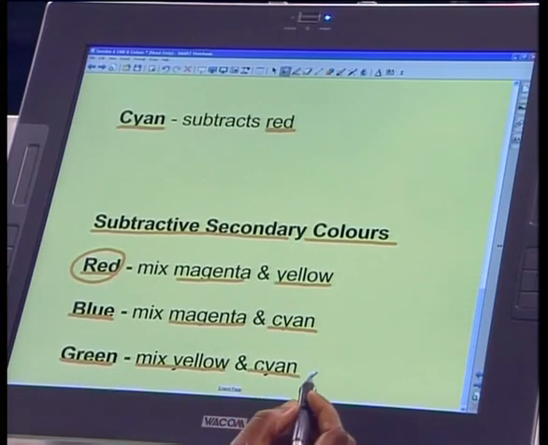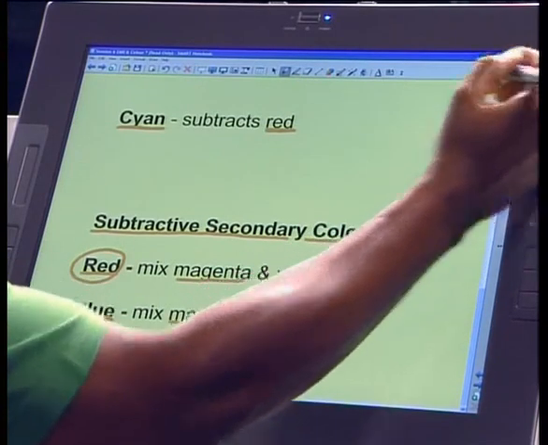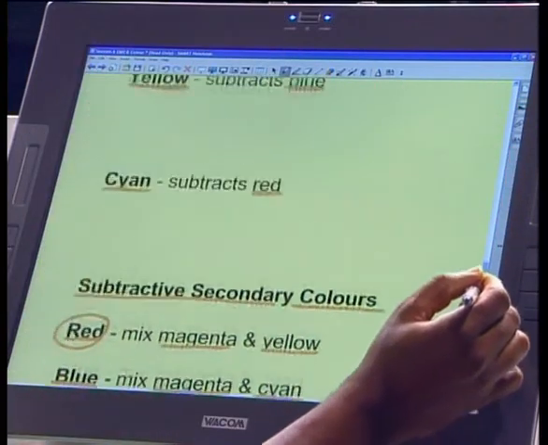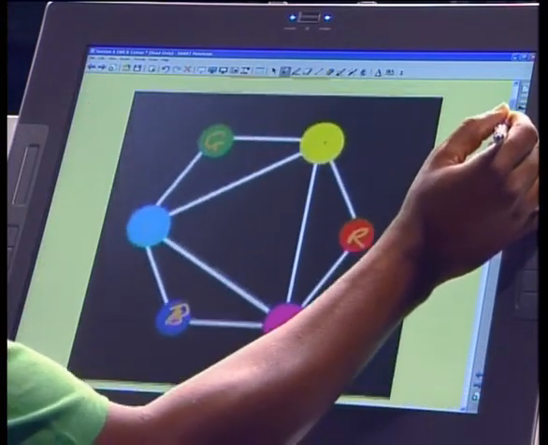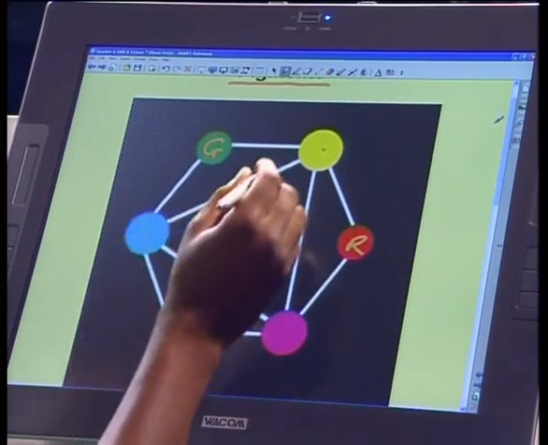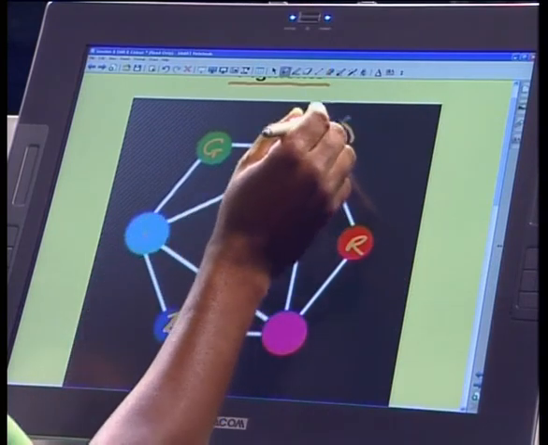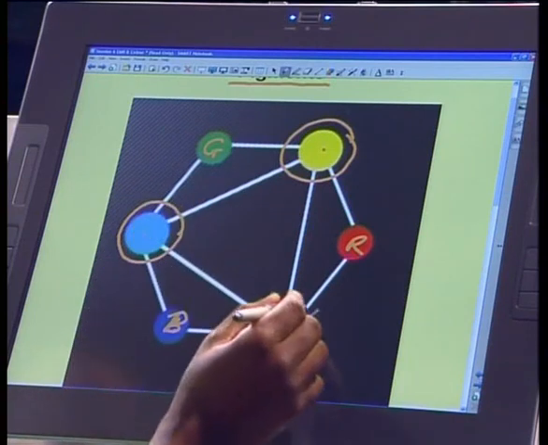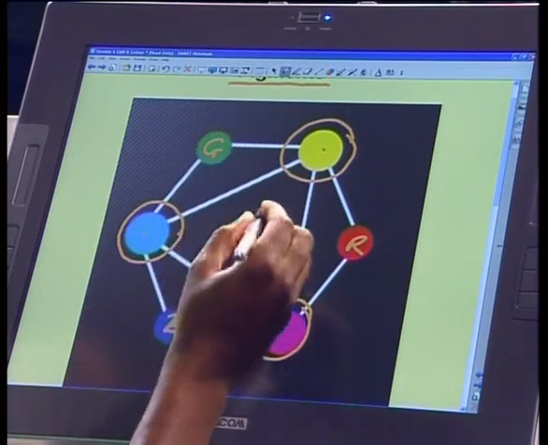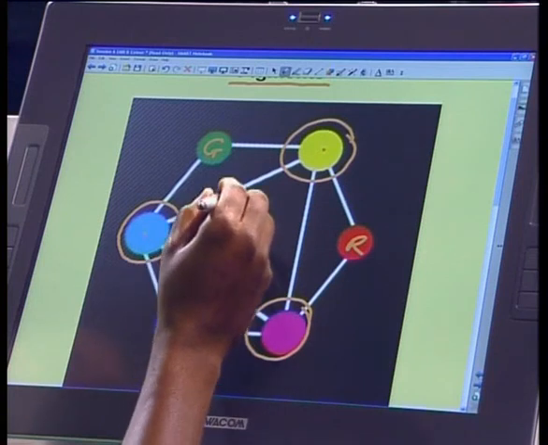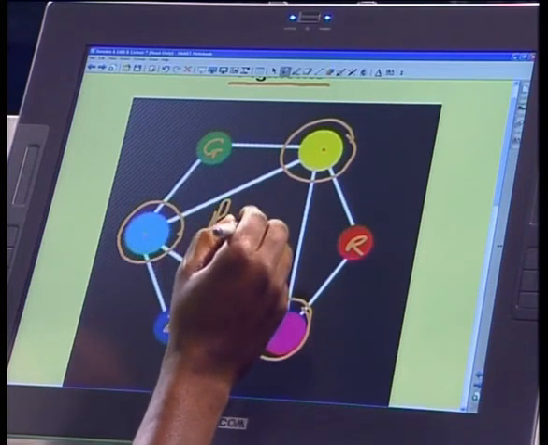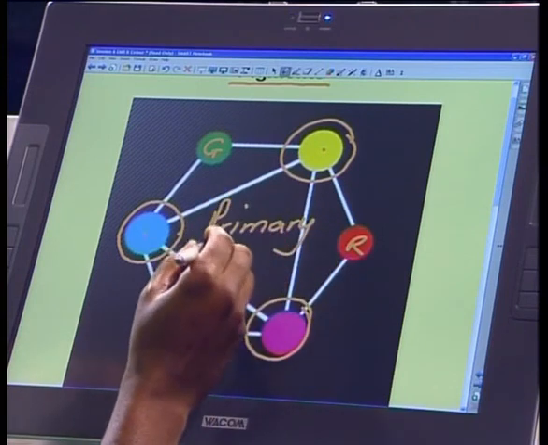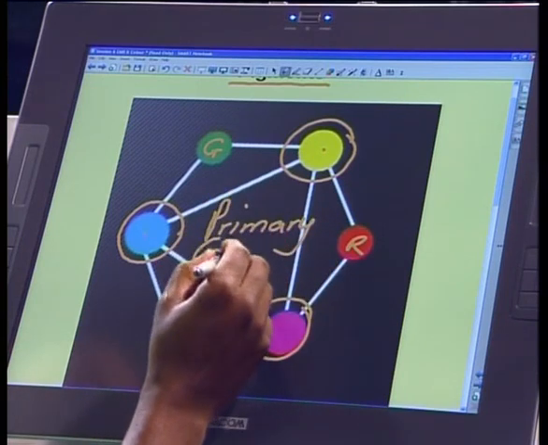Okay, now let's look at this picture here. Let's go back to it. Here, in other words, what we're saying is that this yellow, this cyan, and magenta become primary subtractive colors, or primary colors when we talk pigments.